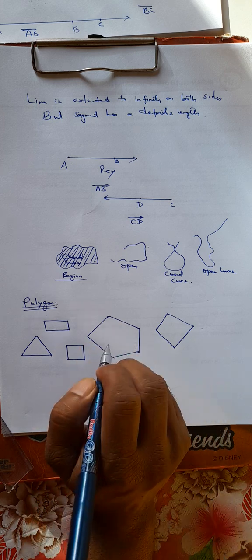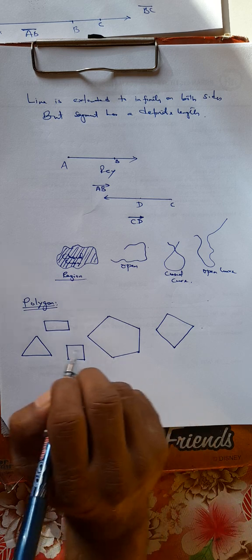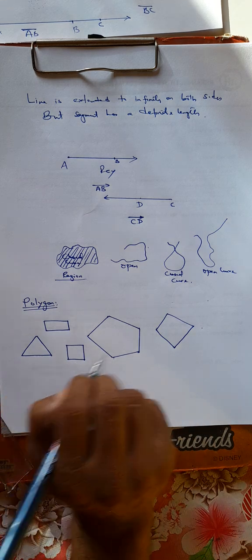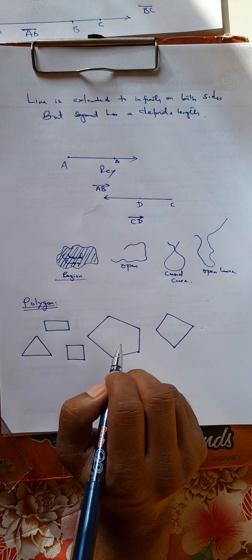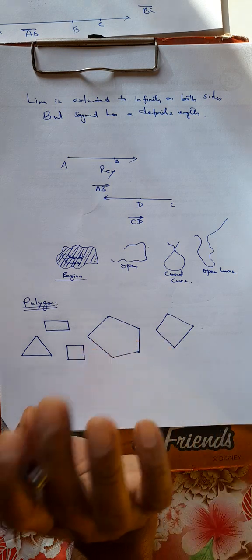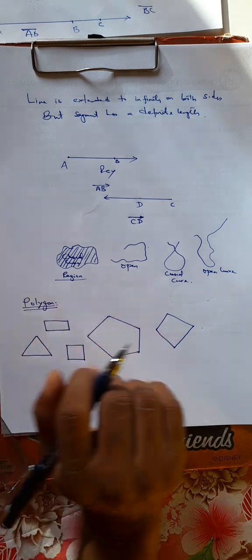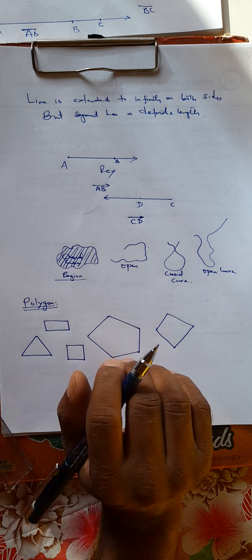So closed figures obtained by joining line segments are called polygons. This is a triangle, a quadrilateral has 4 sides. Then if you get 5 sides, we call it a pentagon. Hexagon if it is with 6 sides. Together they are generally called polygons.